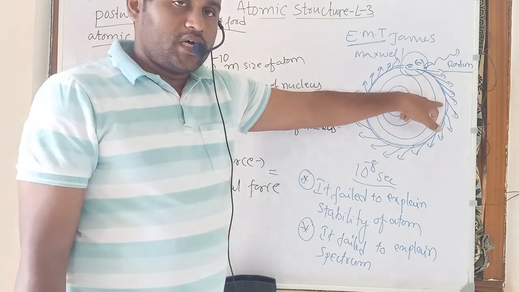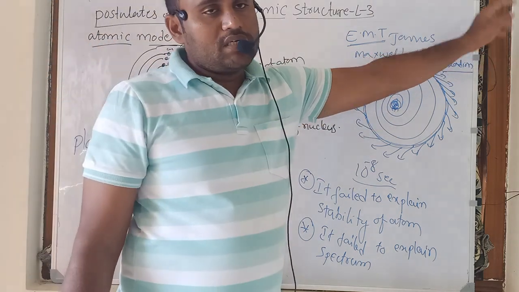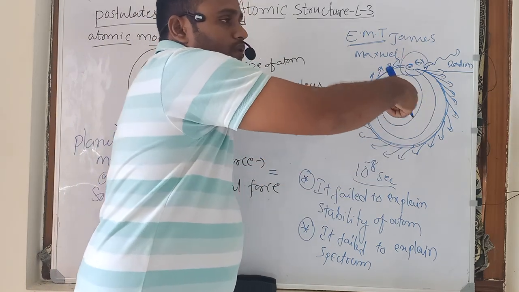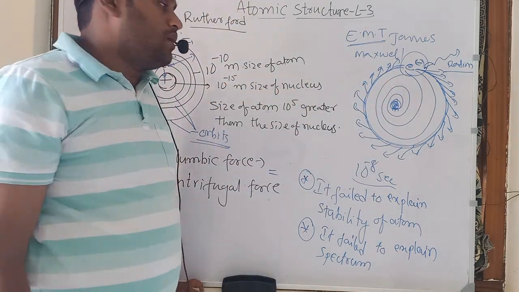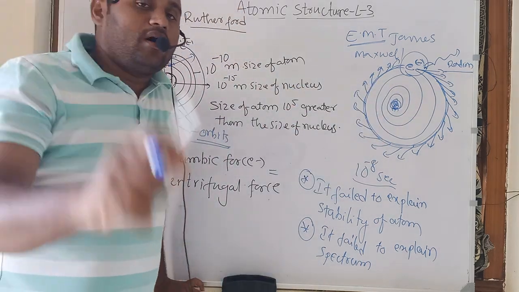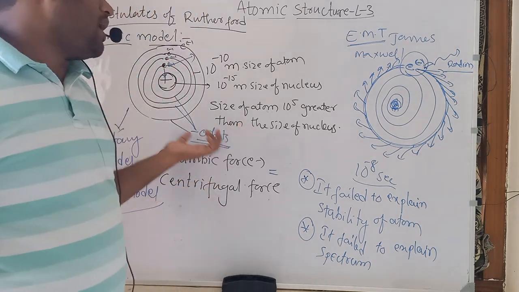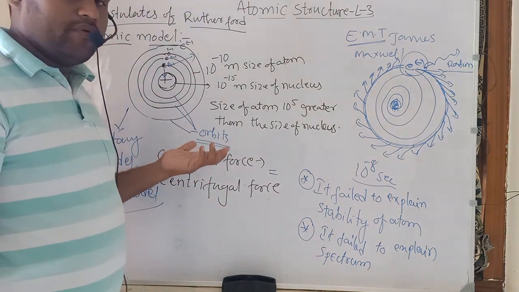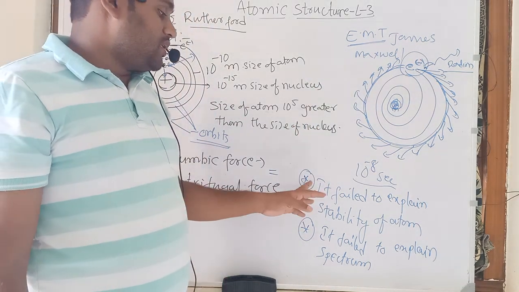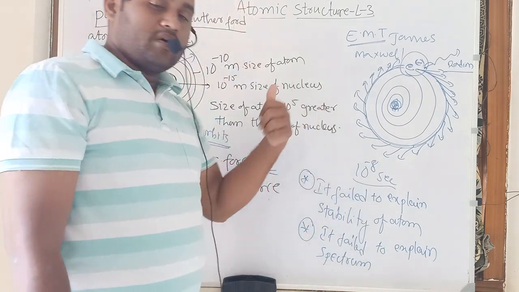It changes its direction continuously, so it accelerates and loses its energy in the form of radiation, and it follows a spiral path instead of a circular path. Ultimately it reaches the nucleus and falls in, and they should cancel each other, but this is not happening in the atom, because we still find electrons and protons in the atom. It means it failed to explain the stability of the atom and it failed to explain the spectra.